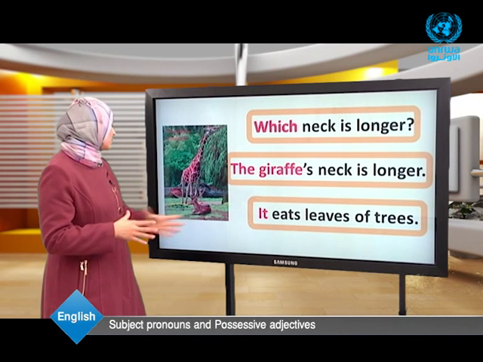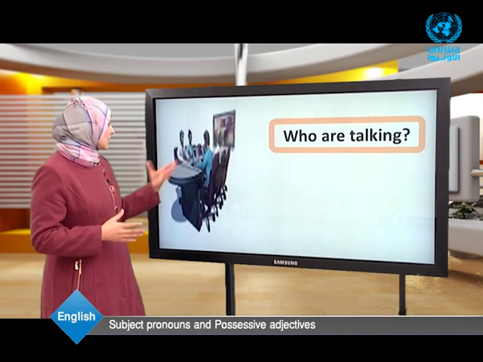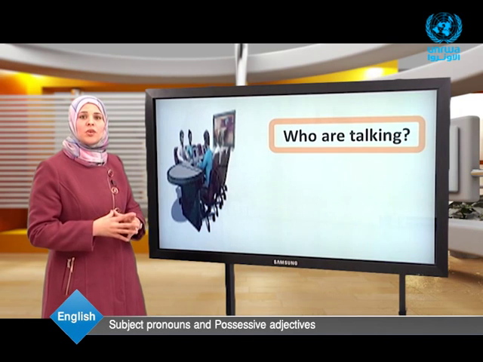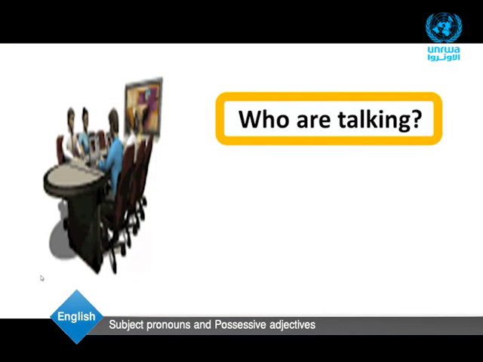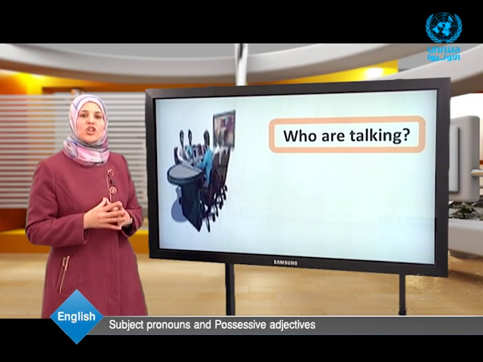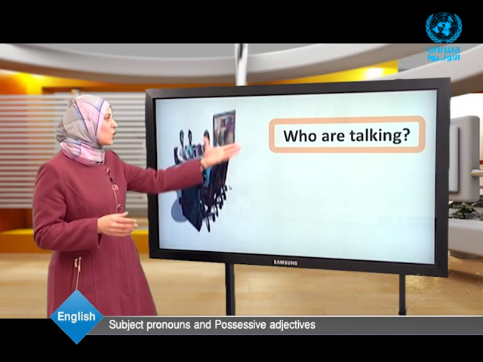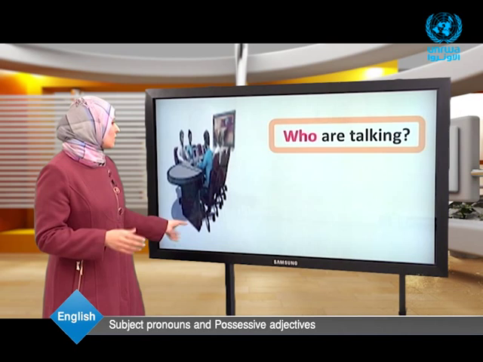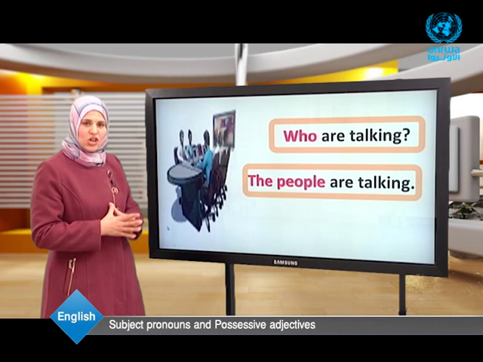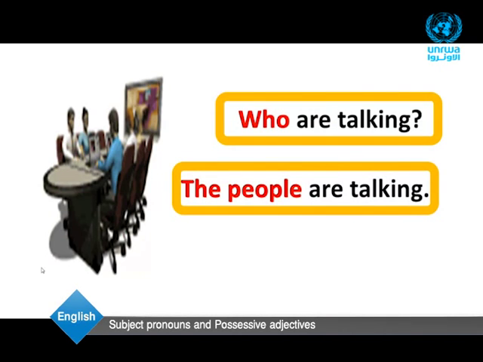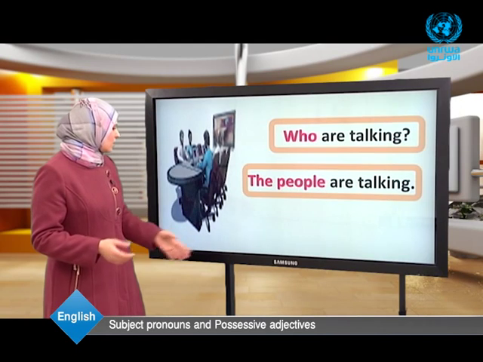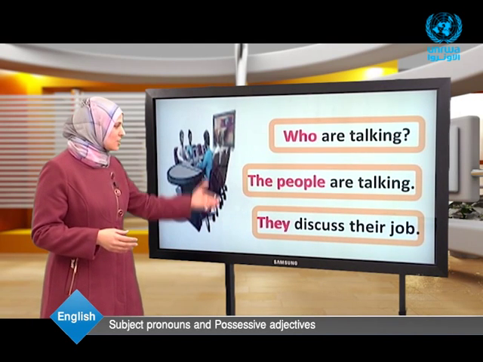Let's have another example. Look at them. Who are talking? I want to know the doer of the action. If I want to ask about the doer of the action or about the subject, we use who. So, the people are talking. They are the doers of the action. We can say they instead of the people.